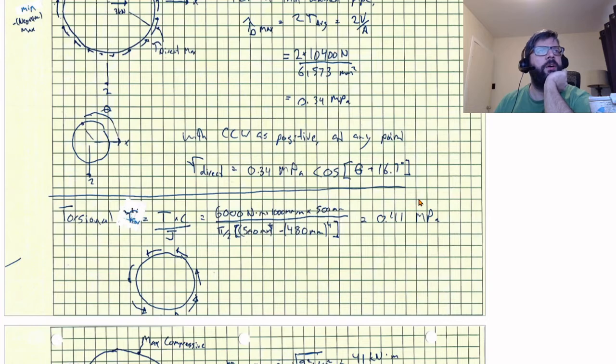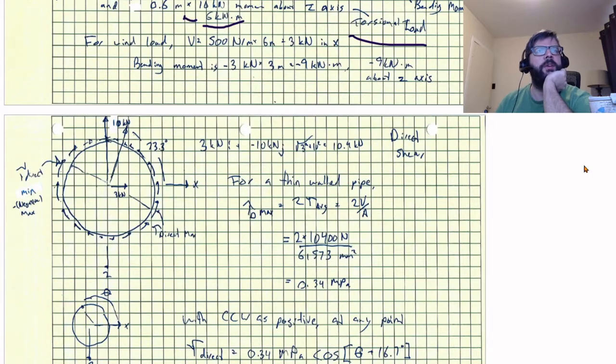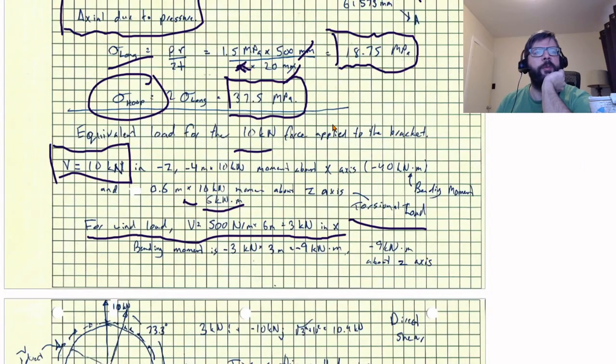We've also got the wind load to worry about. Its magnitude is going to be based upon the 500 newtons per meter distributed load times the 6 meters over which it's acting. So it's a 3 kilonewton force. The shear caused by that is 3 kilonewtons. It's also going to cause a bending moment.